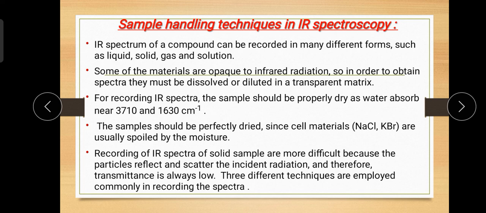The problem is greater in a solid because the particles reflect or scatter the incident IR radiation, and due to that we get low transmittance and cannot obtain the proper spectra. So there are different techniques to handle the solid material in order to record the spectra.